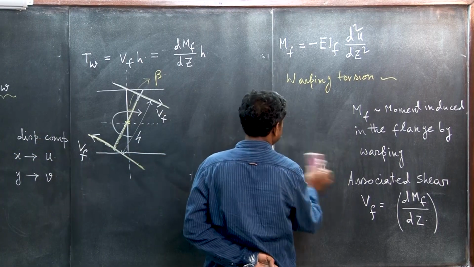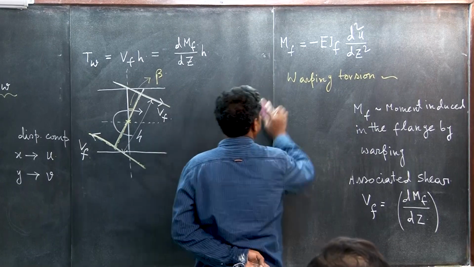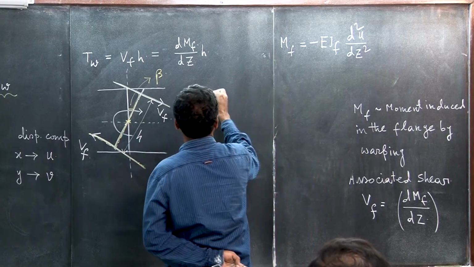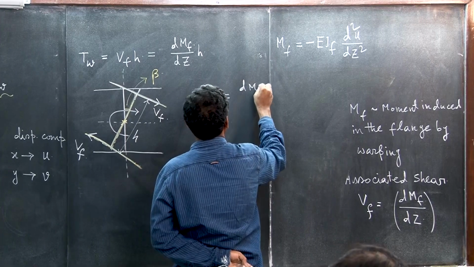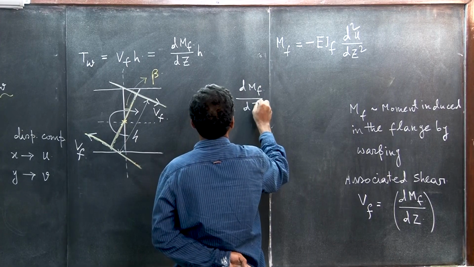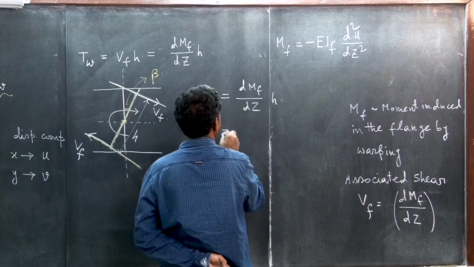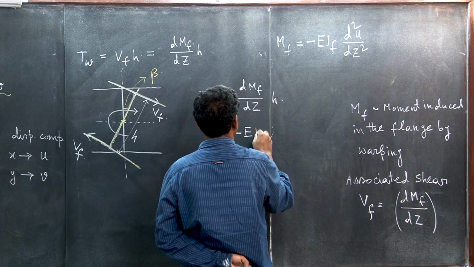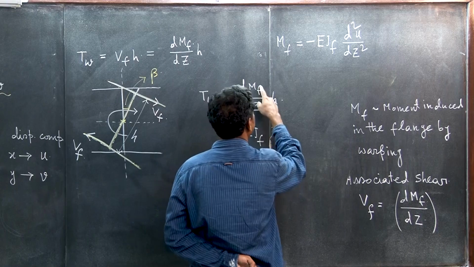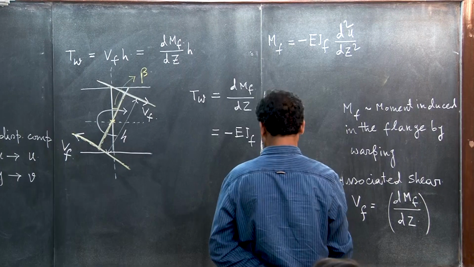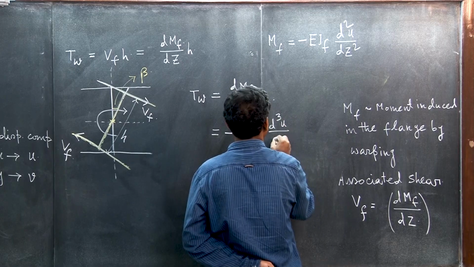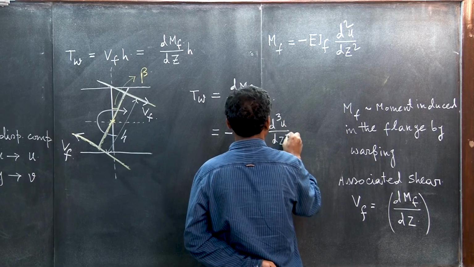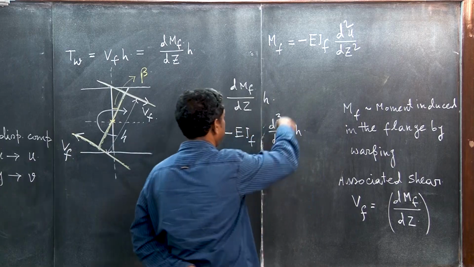I can remove this part, and what I can write is that T_W is nothing but dM_F/dz into h, and dM_F/dz is minus E I_F d³u/dz³ into h, right?